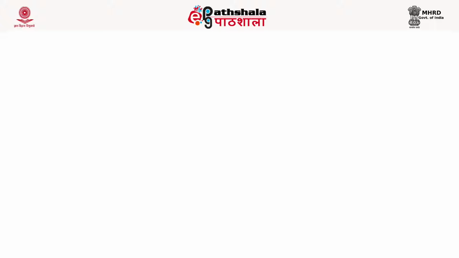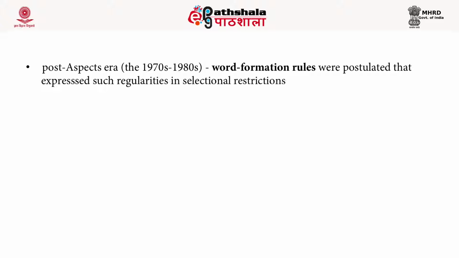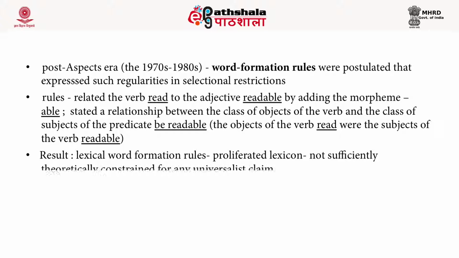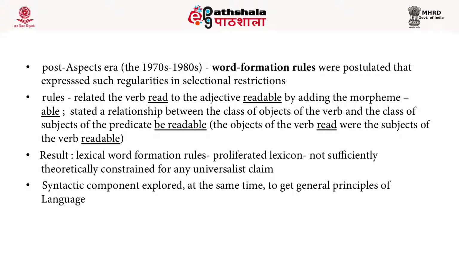Post-Aspects era, that is the 1970s and the 1980s, we saw word formation rules coming up, and these word formation rules were the ones that were postulated to express such regularities in selectional restrictions. Now there were rules that related the verb read to the adjective readable, and this rule added the suffix morpheme -able to the verb root read.